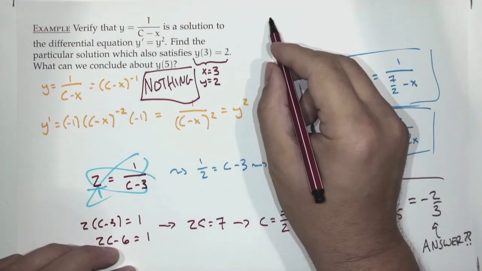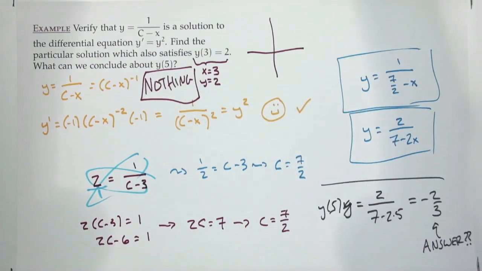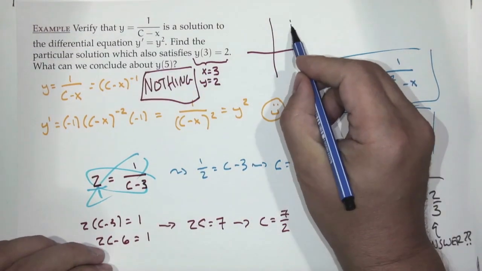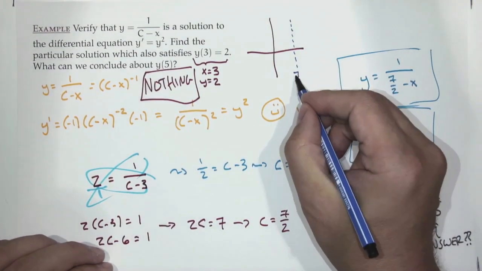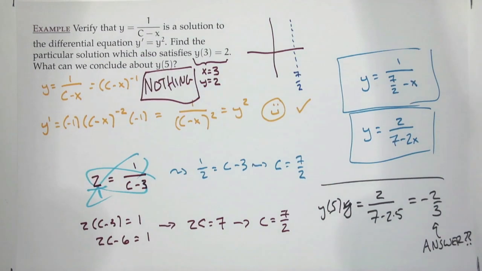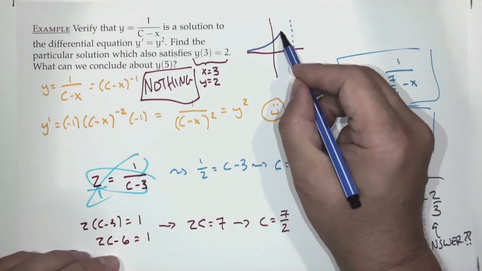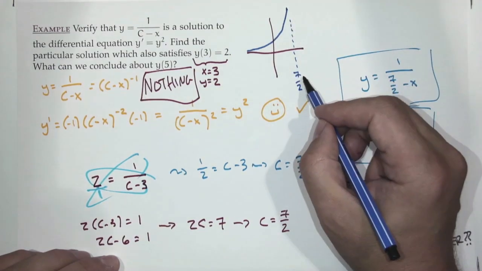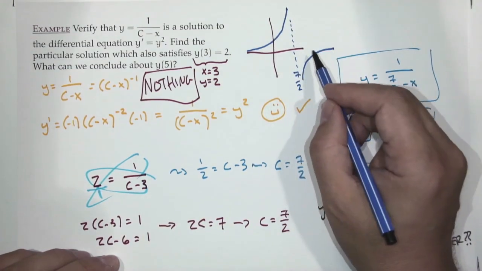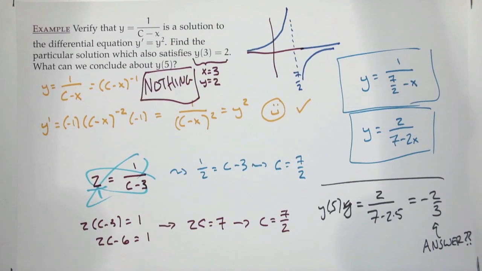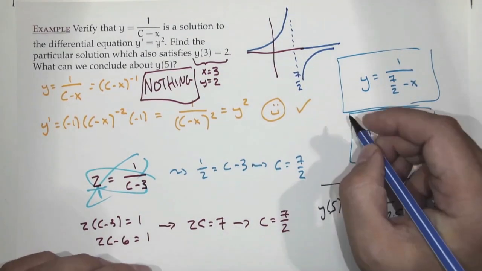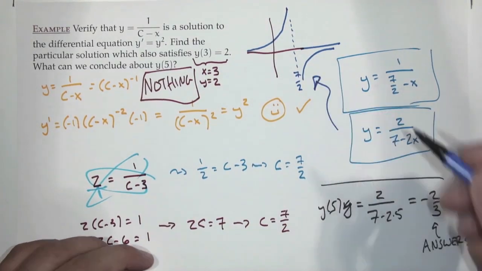So if we were to sketch this function, here at 7 halves there's an asymptote. Below 7 halves it looks like this, and above 7 halves it looks like that. This is what our function looks like.